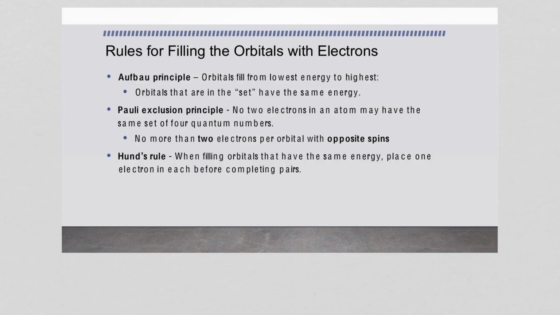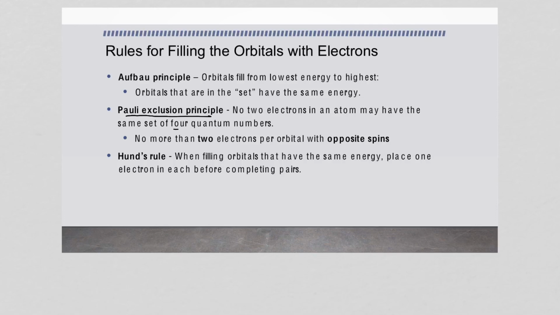As we're filling them, we're going to follow what's called the Pauli exclusion principle. And this essentially means that we can have two electrons in any orbital. So what this really says is that no two electrons in an atom may have the same set of 4 quantum numbers.